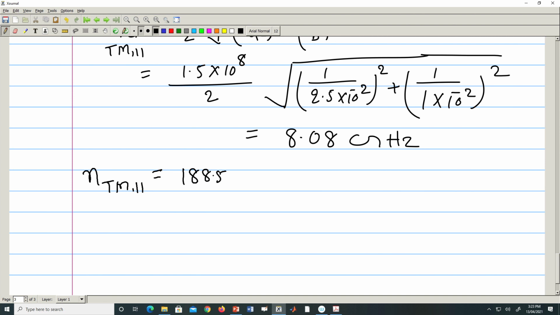This will come 168. So, we can see that this is less than 188.5. So, this is the wave impedance for the TM11 mode.